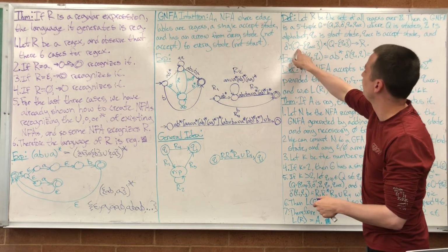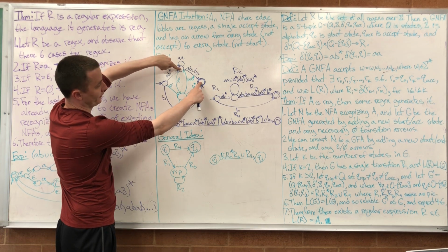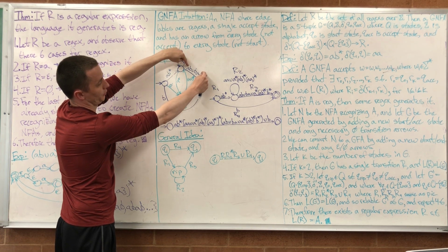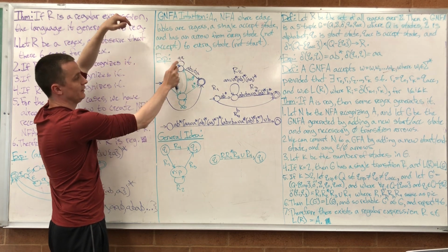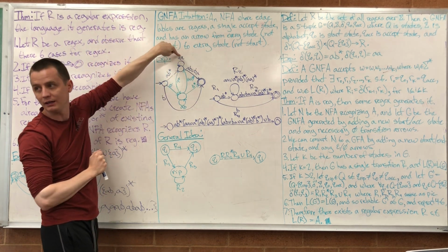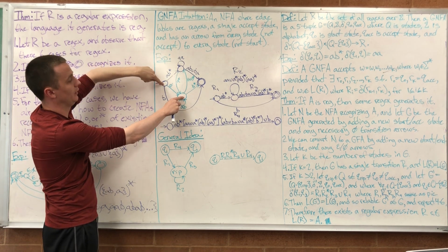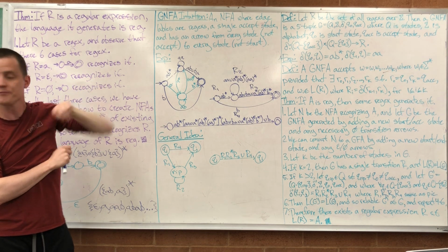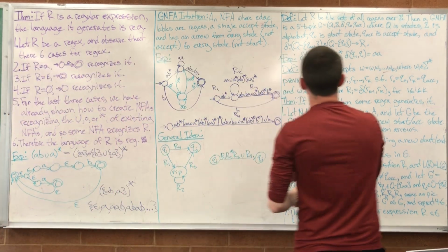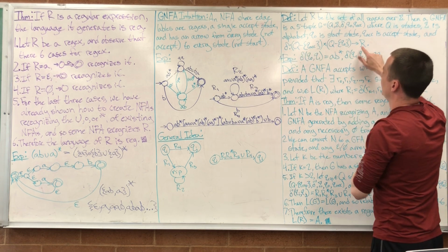So if I had plugged in this state and this state, it would spit out the regular expression AB union BA. For this state and this state, it would spit out AA. For this state and this state, it would spit out the empty set. So it takes two states and spits out a regular expression.